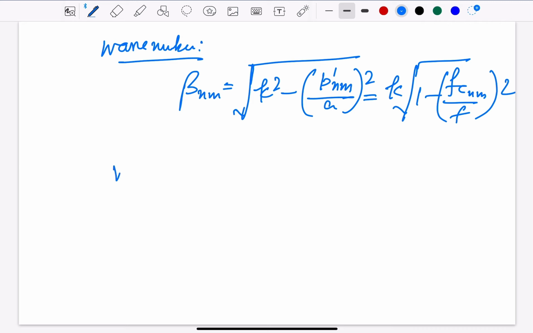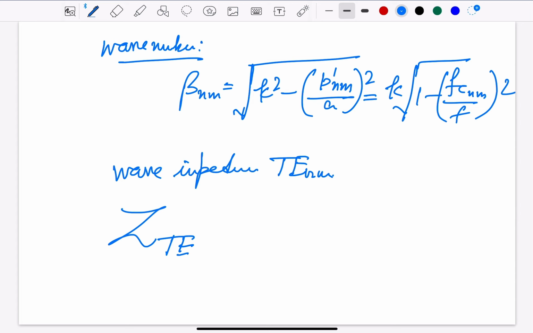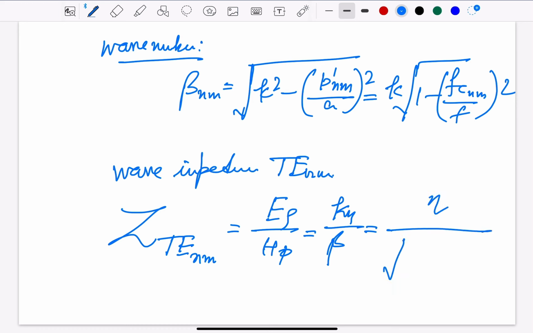So the wave impedance for the TE nm mode is Z TE nm, equal to E rho over H phi. This is k eta over beta, or you may write eta over under root 1 minus fc nm over f, to the whole square.